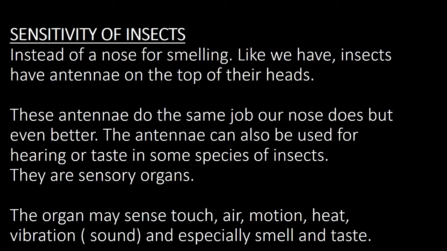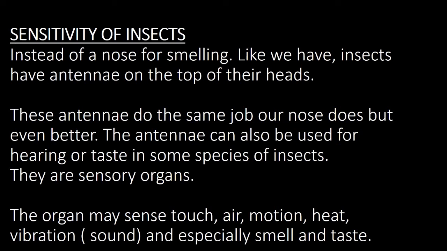They are sensory organs. I believe you've heard the word antenna before. We use an antenna for our television set in our homes. These antennas are placed on top of our roofs to get good signal for our television set.